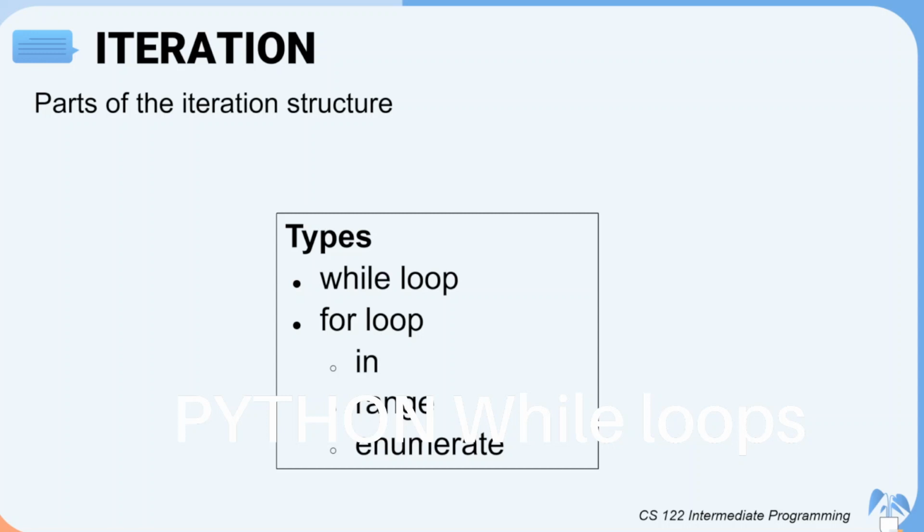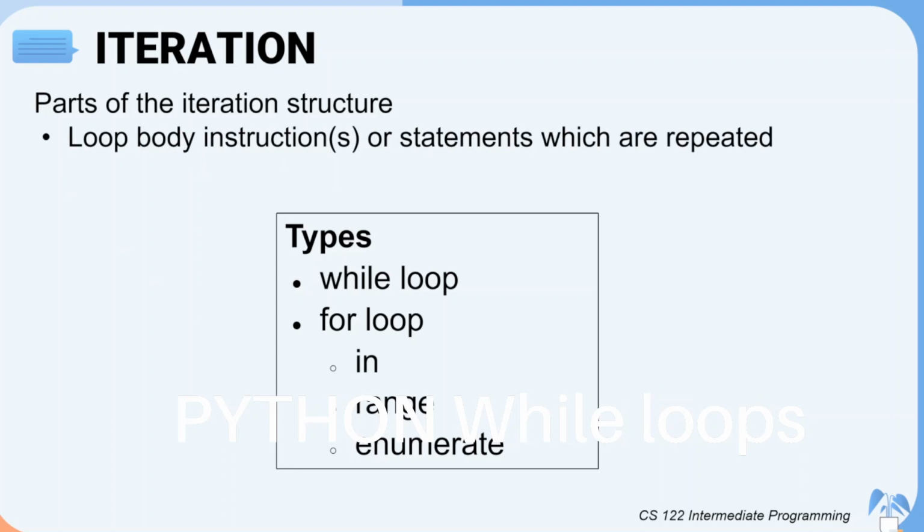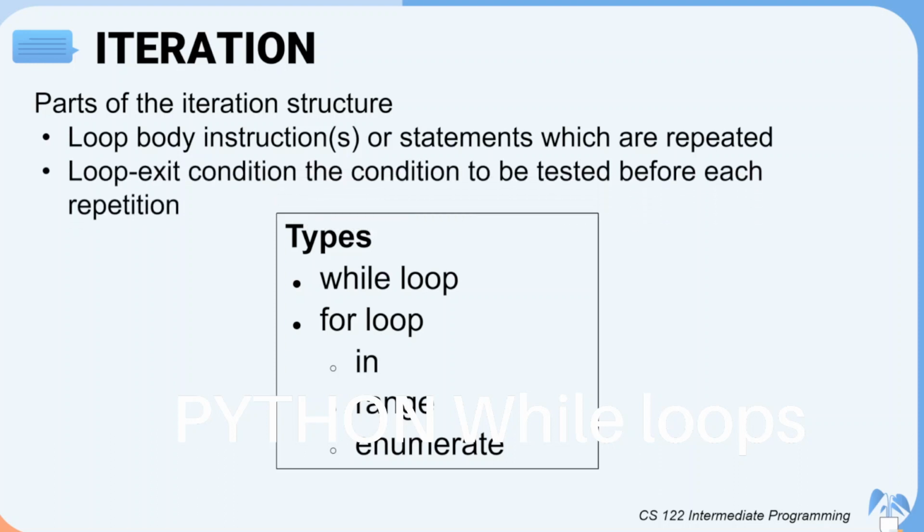It starts off with the loop body, which is where you can see the instructions or statements that you need to repeat. And then the loop exit condition, which is the condition that you need to test before the repetition happens. So this one is really important to understand.